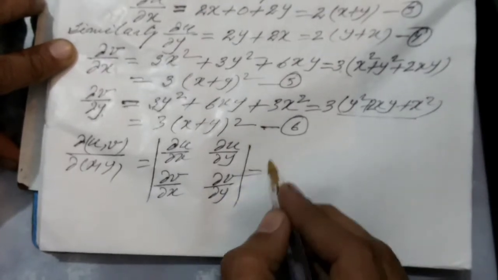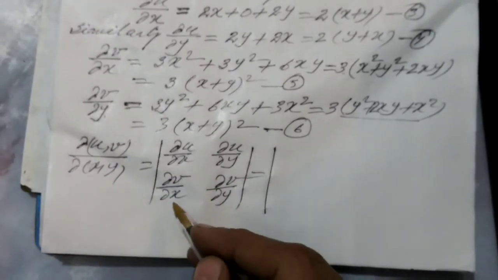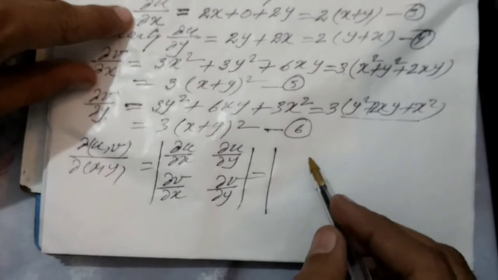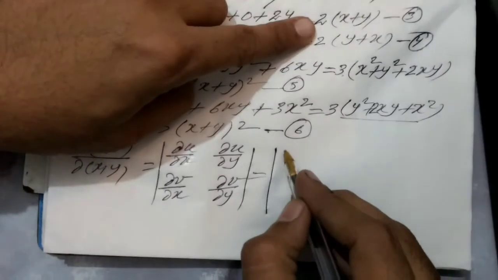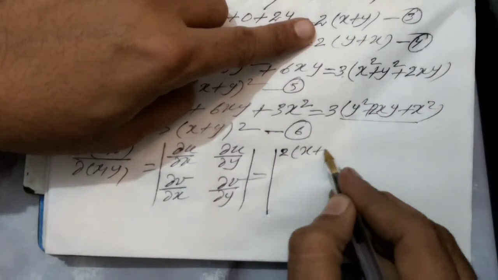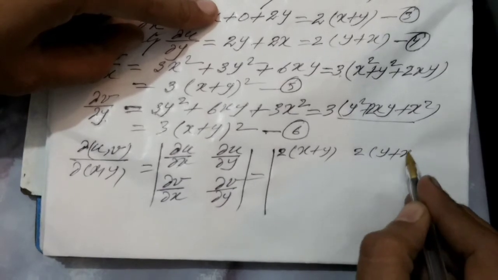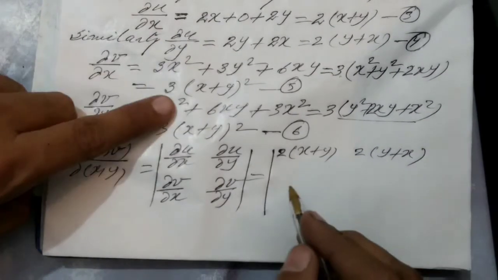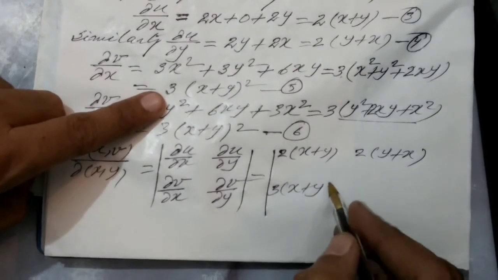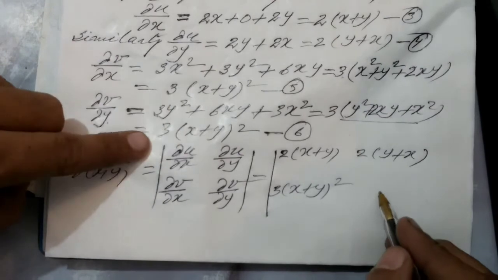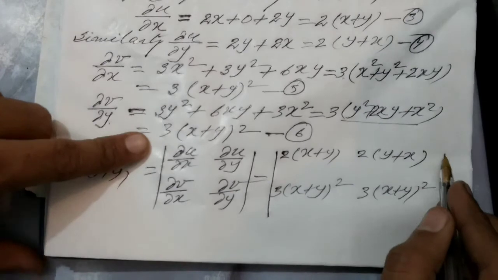Now substitute the value of del u upon del x, del u upon del y, del v upon del x, del v upon del y here from equation number 3, 4, 5 and 6. So we have determinant 2 times x plus y, 2 times y plus x, and 3 times x plus y whole square, and 3 times x plus y whole square.